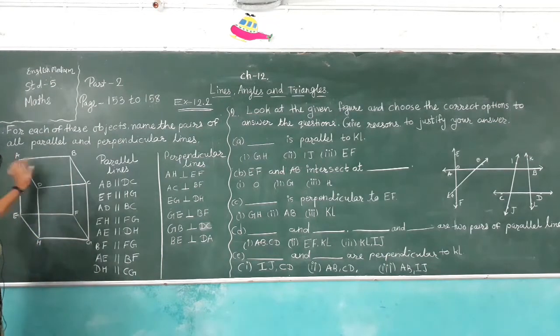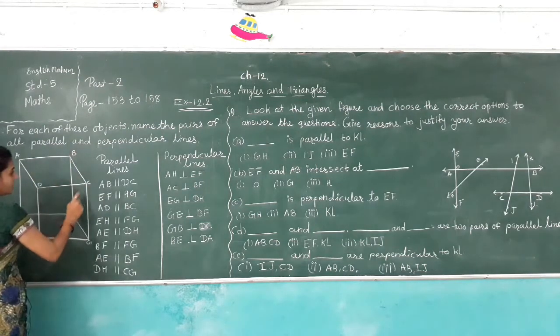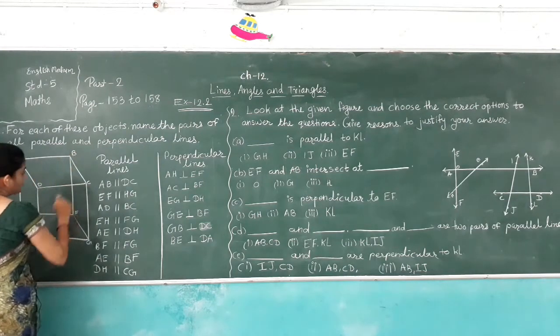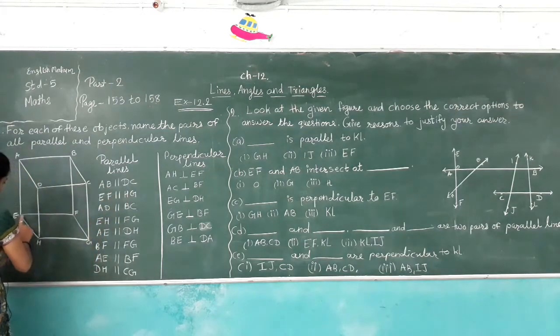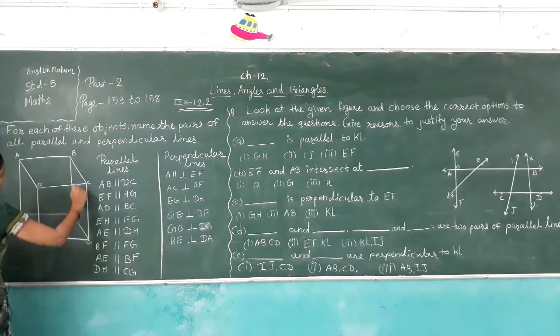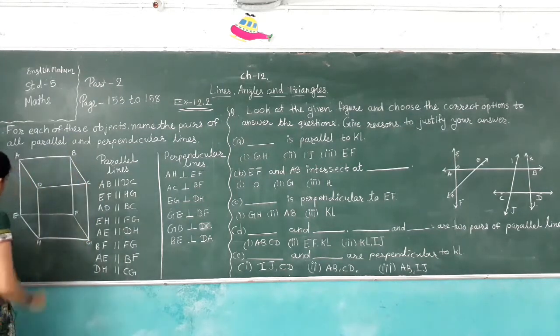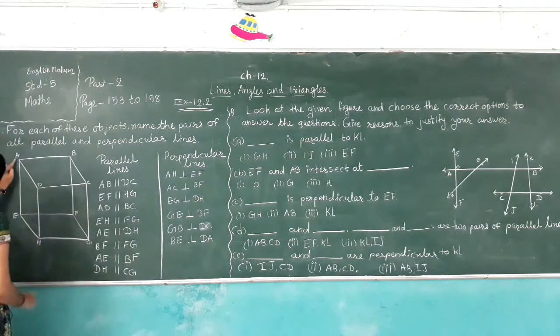AB parallel to DC. Then EF parallel to HG. Then AD parallel to BC. Then EH parallel to FG. Then AE parallel to DH.